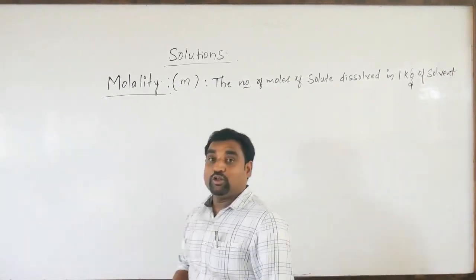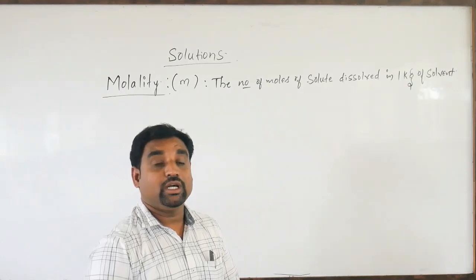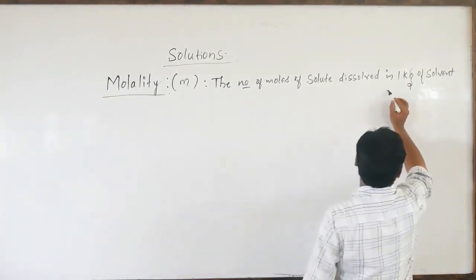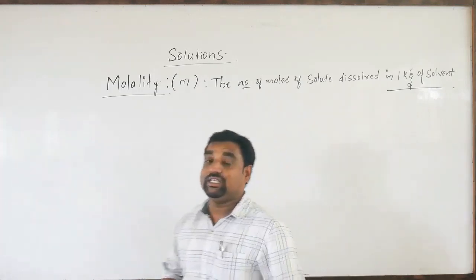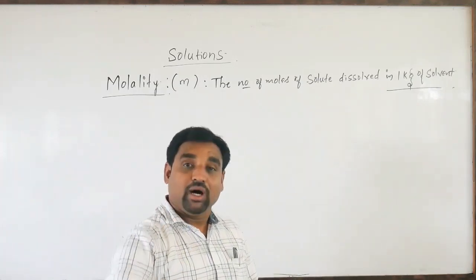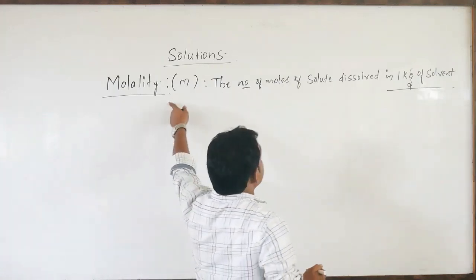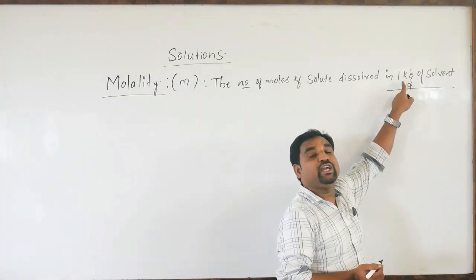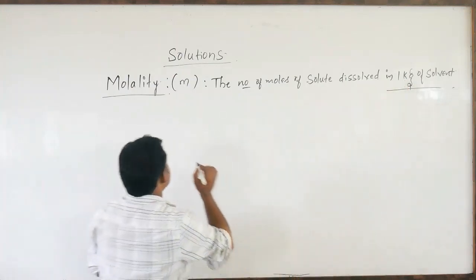The difference between molarity and molality is, in case of molarity, the number of moles dissolved per liter of the solution, but in case of molality, the number of moles of solute dissolved in 1 kg of a solvent. So how to write this one?